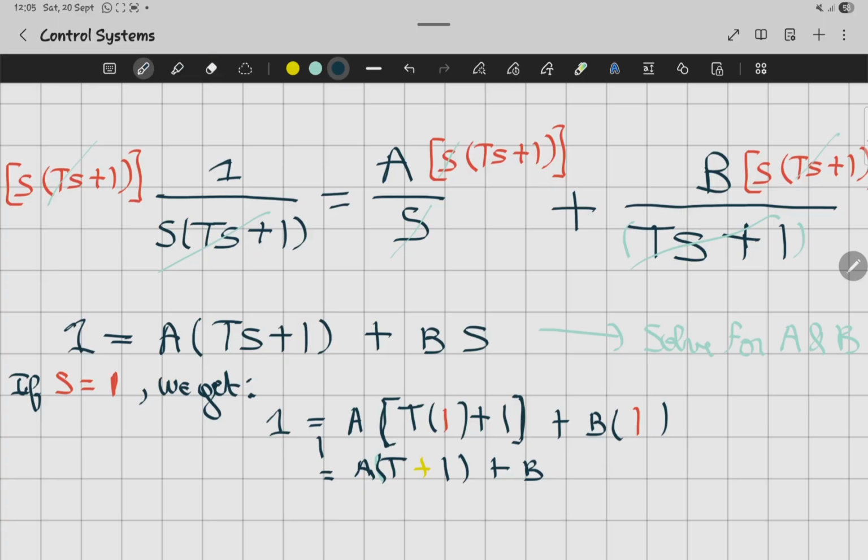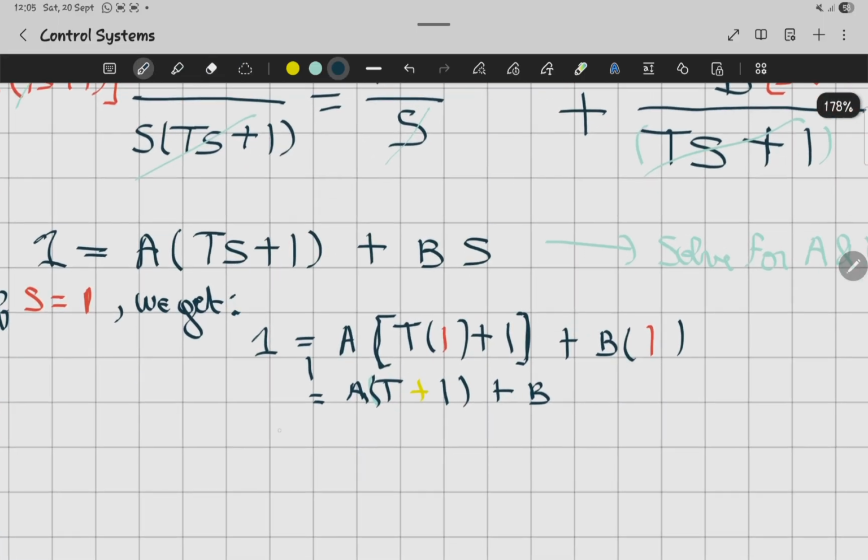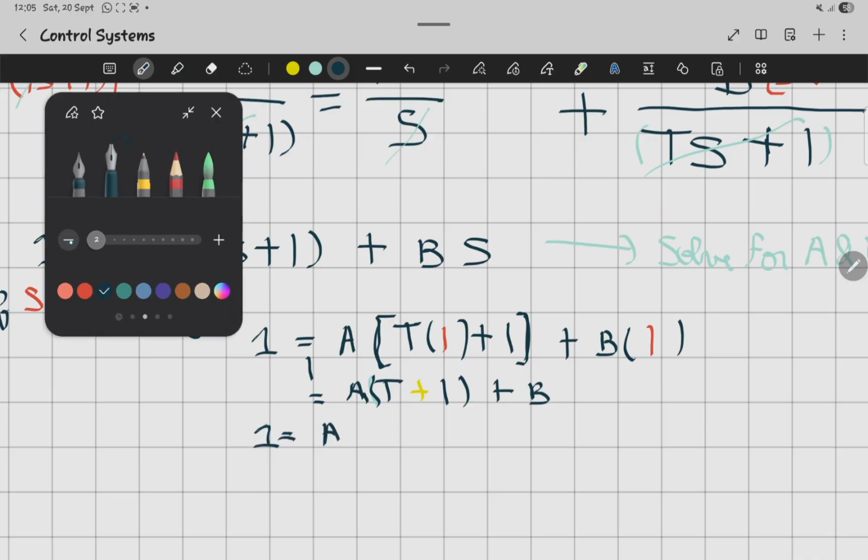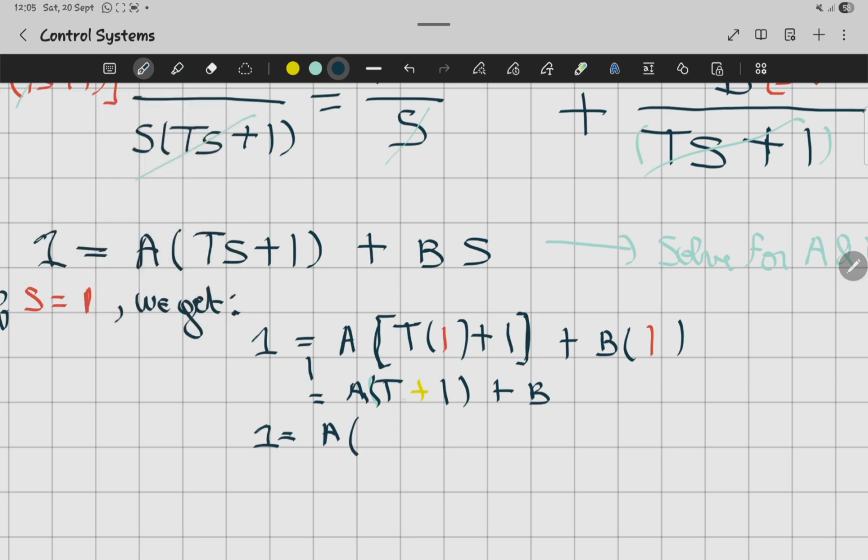If I have to write what we just got here, we got 1 equal to a times (t plus 1) plus b.